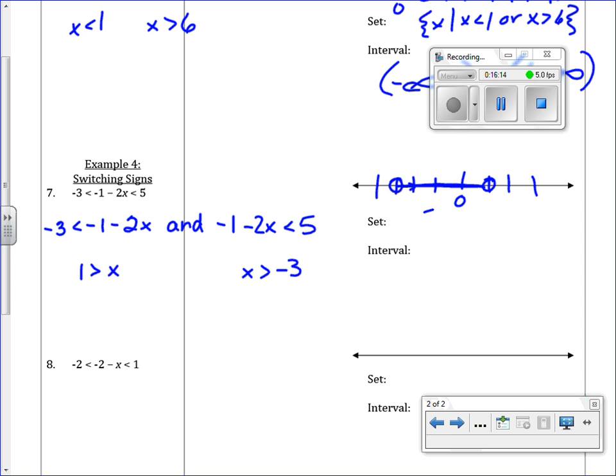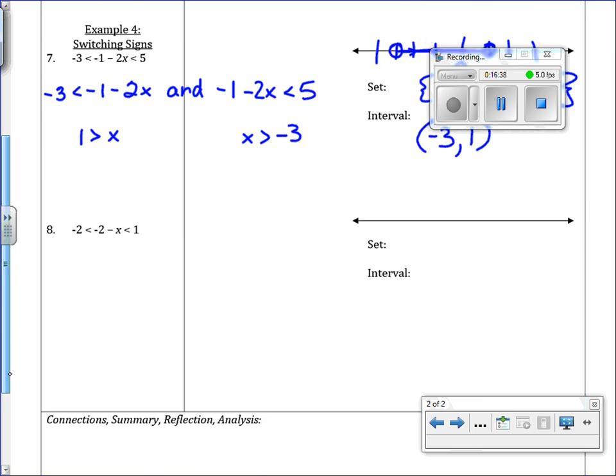So my set notation, x such that negative 3 less than x less than 1. All right, so x is less than 1, but it's greater than negative 3. My interval would just be negative 3, comma 1.